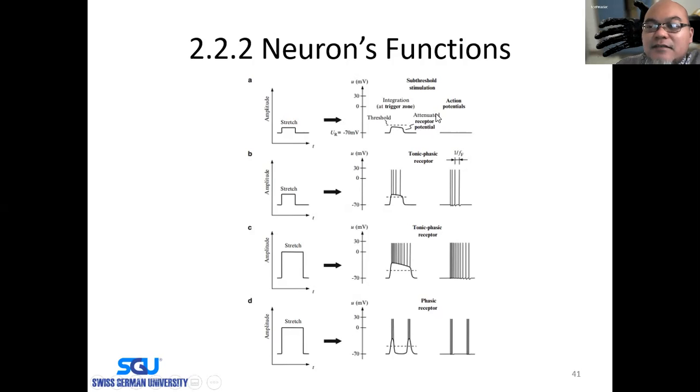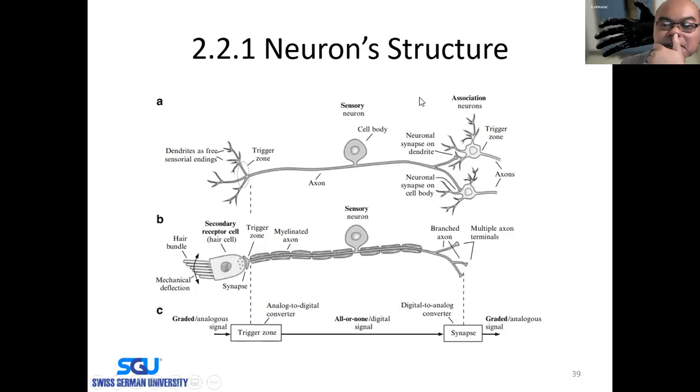So it will not trigger a response of that sensory neuron. The action potential propagated will be zero, because it is below the threshold level at the trigger zone, this part.